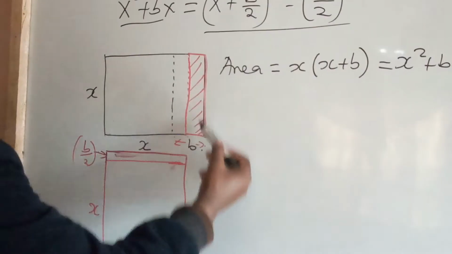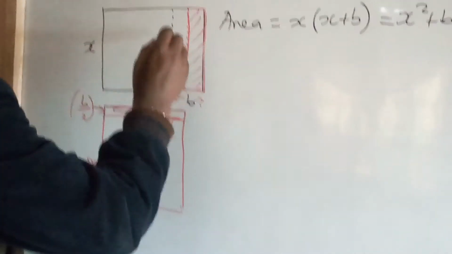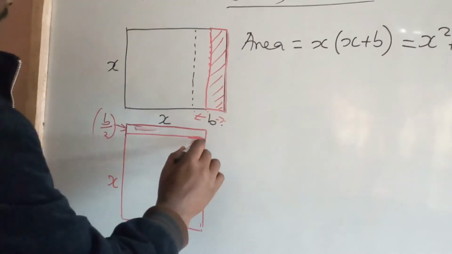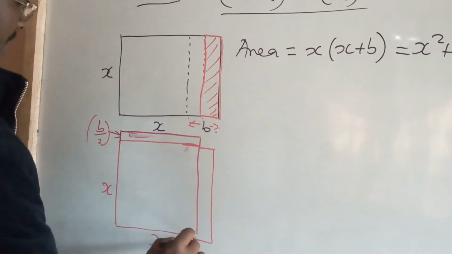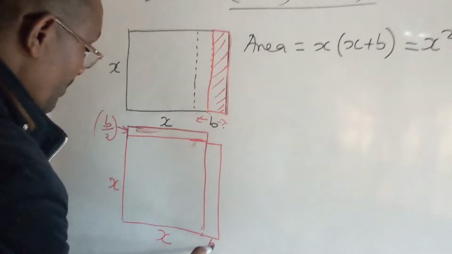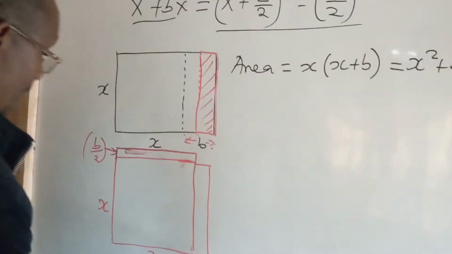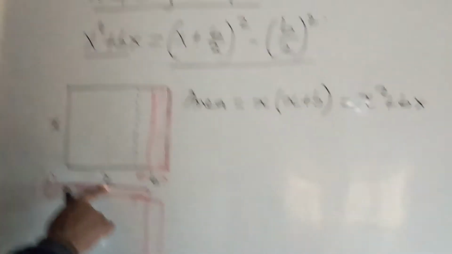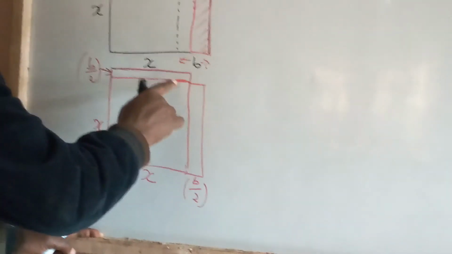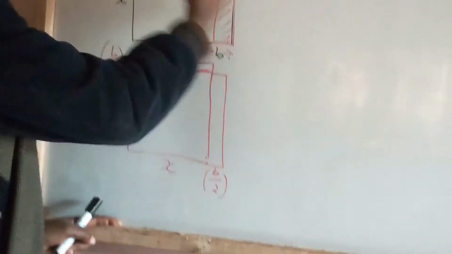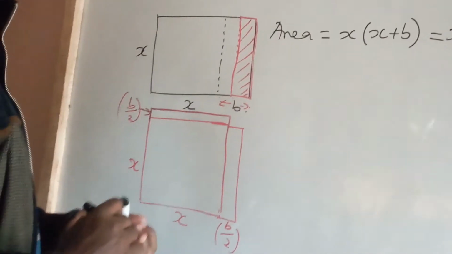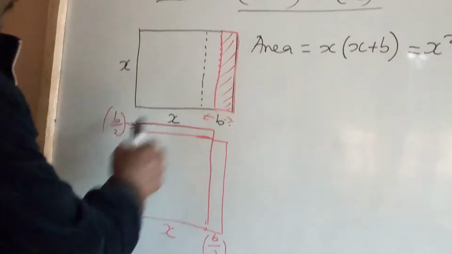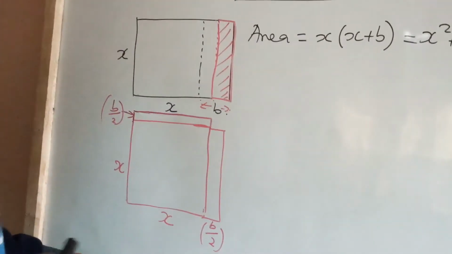Having picked this rectangle from here, you are left with this unshaded rectangle here with its width b over 2, and the x was not interfered with. So you can see our rectangle, which was there originally, has changed into a figure that looks like this.